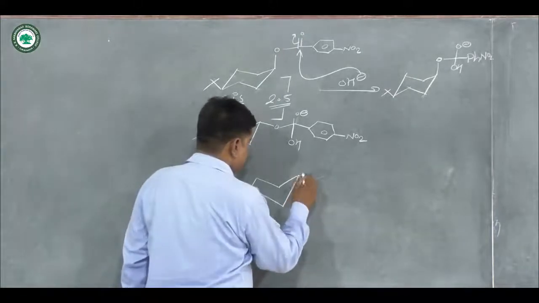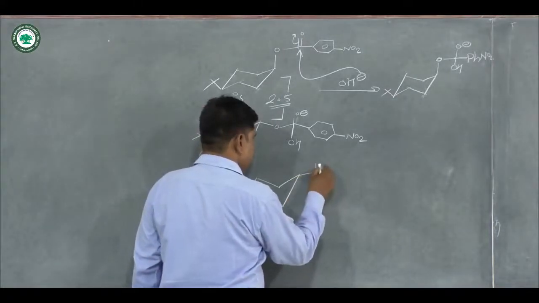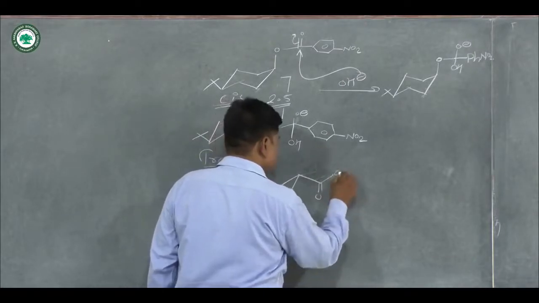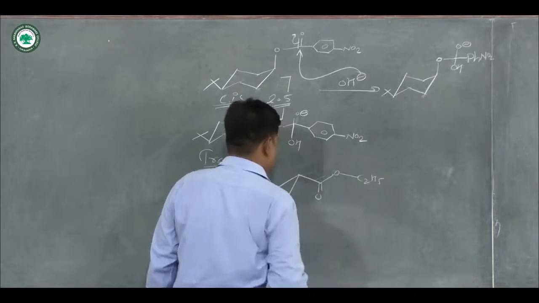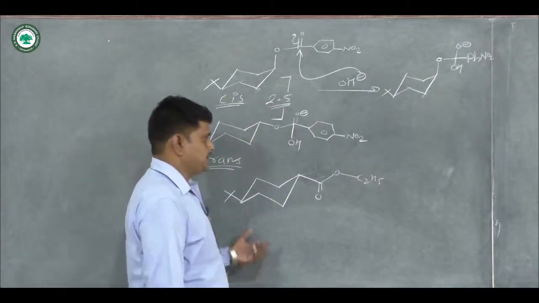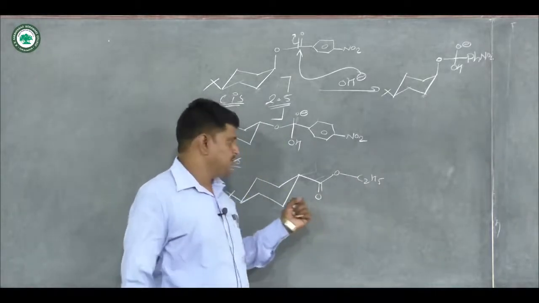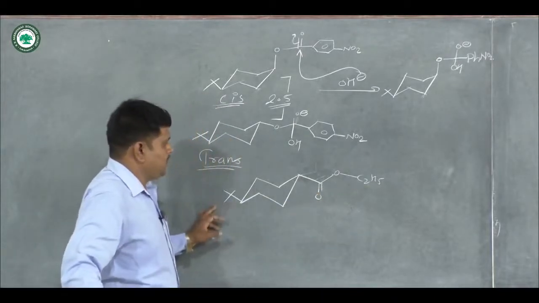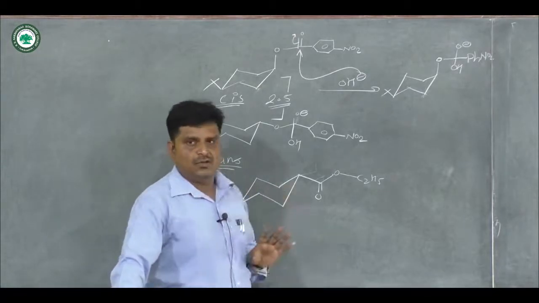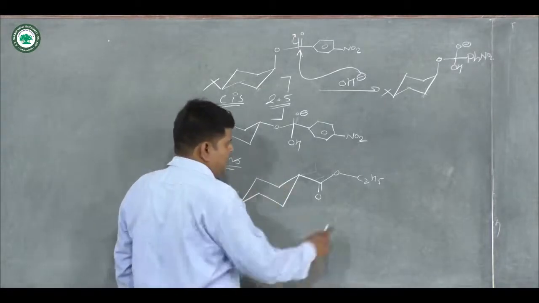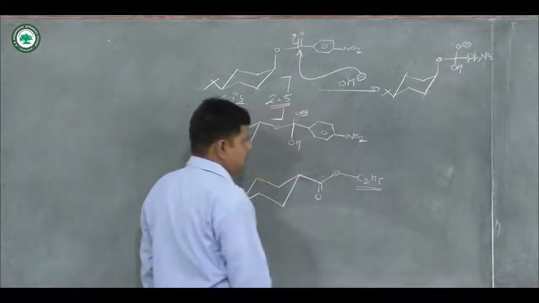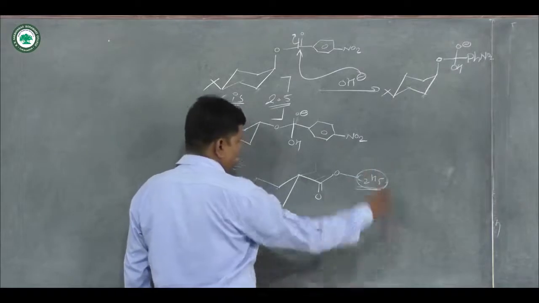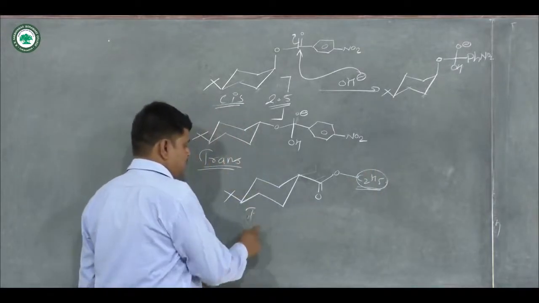Here we write oxygen, C2H5, and the carbonyl. This is trans ethyl 4-tertiary butyl cyclohexyl benzoate, so we start writing the name with the ethyl group. This is the trans isomer.